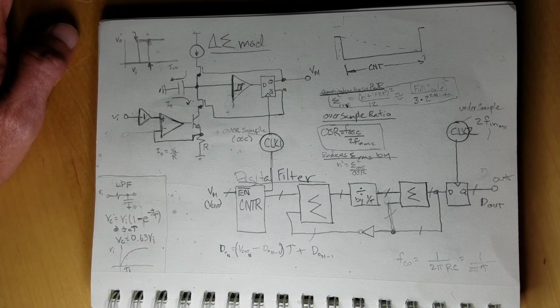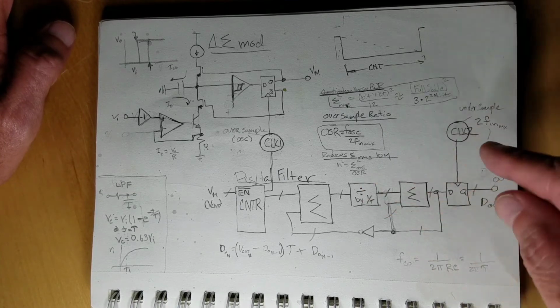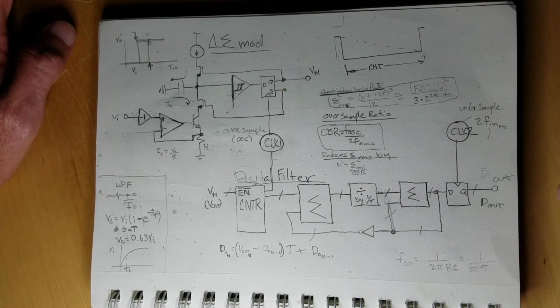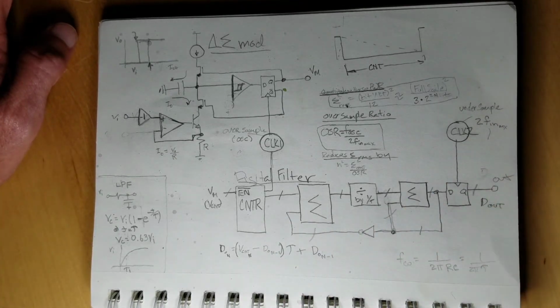So you pick a certain one. 2 times that will meet the Nyquist criteria for 2 samples per cycle. So you're sampling out much slower than you are initially sampling, and there's some magic being done there.